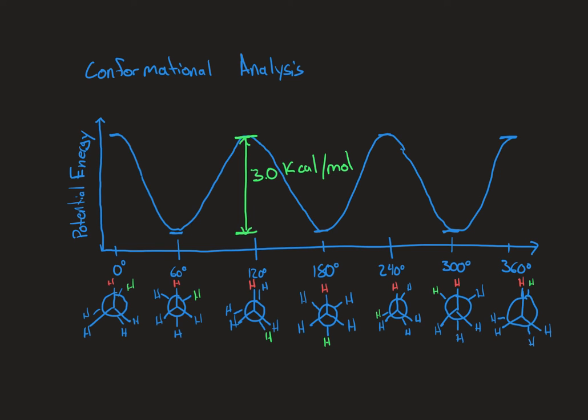Since each eclipsed conformation has 1, 2, 3 hydrogens that are eclipsed, an eclipsed hydrogen interaction is worth about 1 kcal per mole.